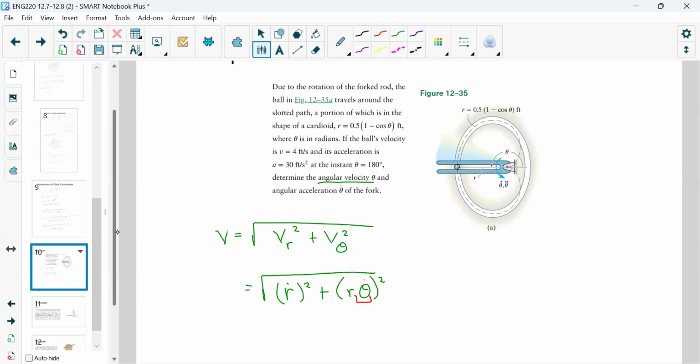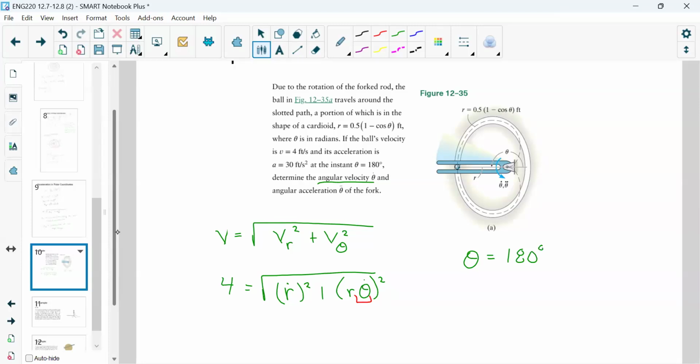I'm given some conditions to be able to do that. First off, I'm told that V equals 4. So this business has to equal 4. And we are told the instant in time that we are interested in, which is when theta equals 180 degrees.